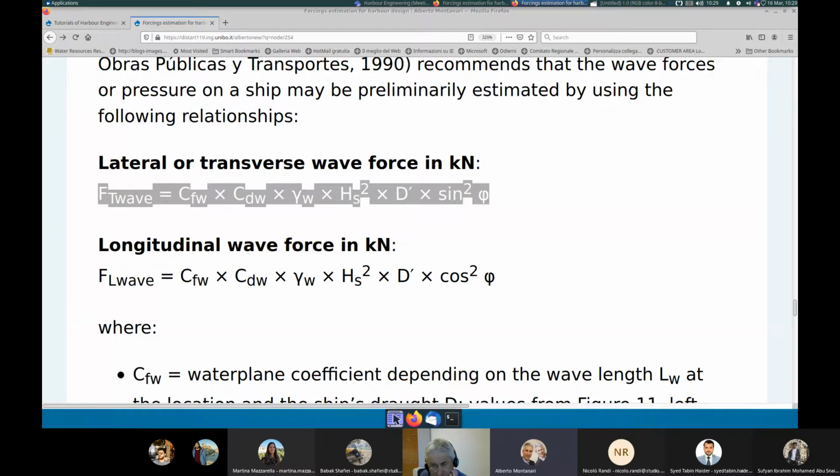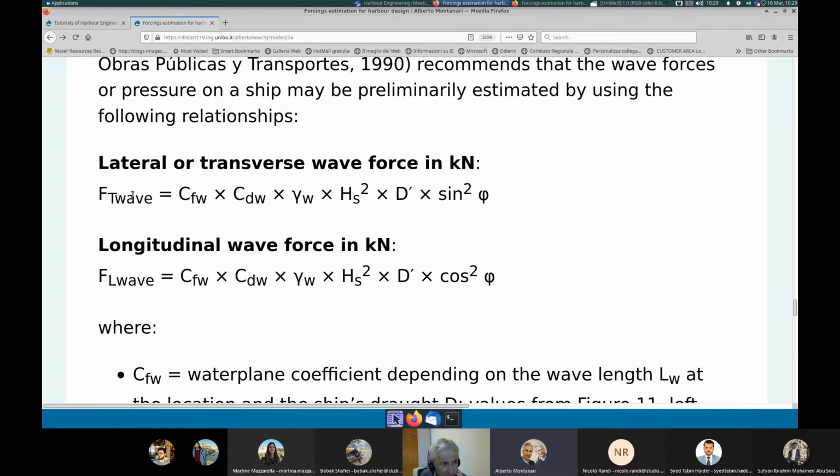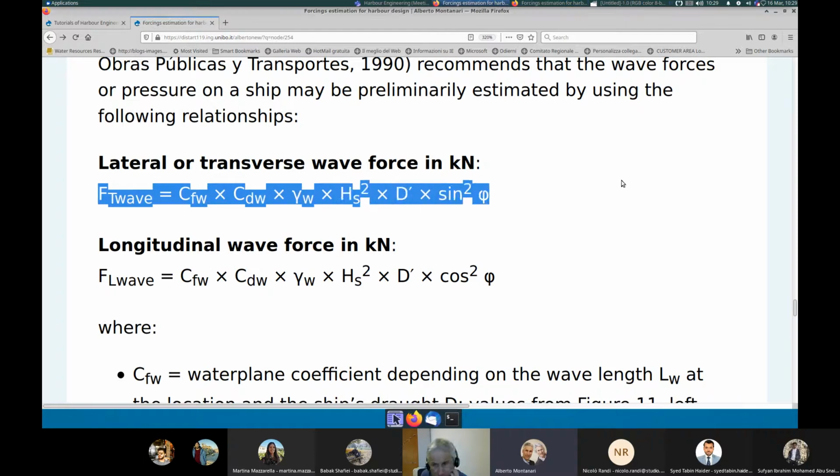Now, the third factor is gamma W. Gamma W is the specific weight of water. For seawater, it depends on the salinity, but you can take something like 1.025 tons per cubic meter, and for higher salinity, it can reach a value of 1.035.